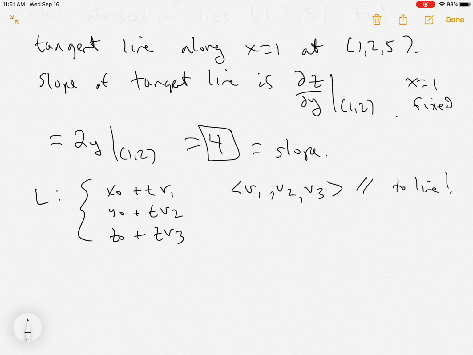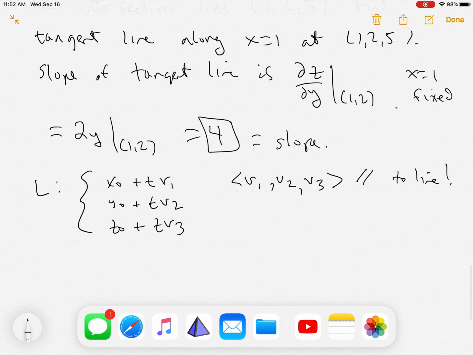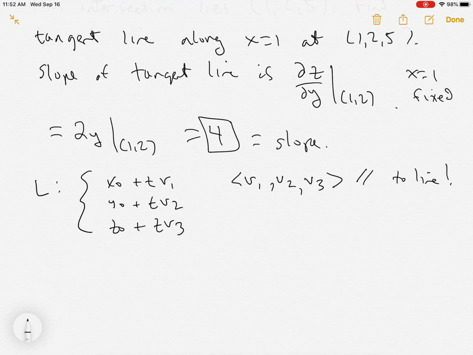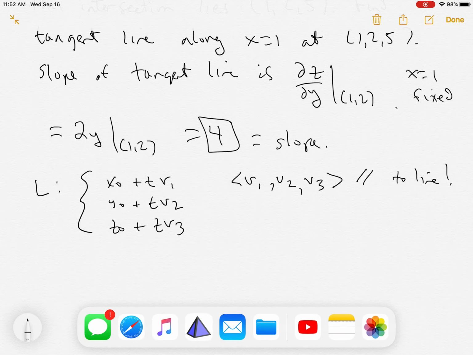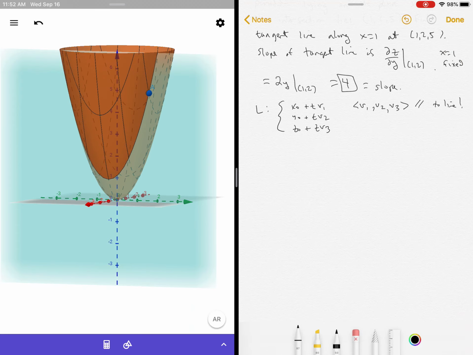Oh, I should have done this before. All right, we're going to go back and look at this. Unfortunately, I can't mark on this because it's actually a website.